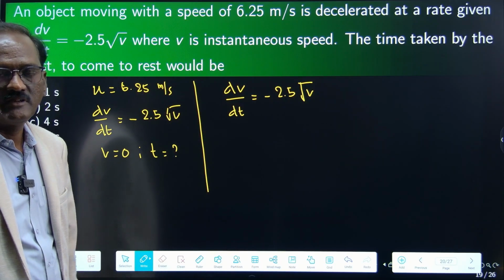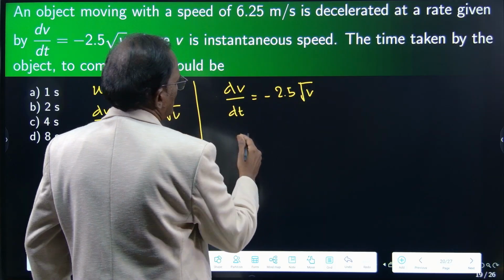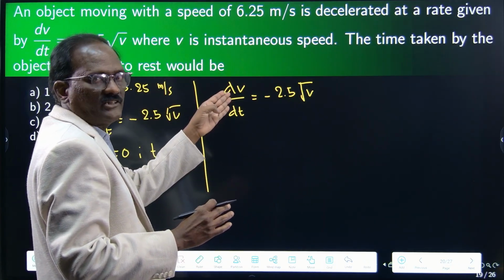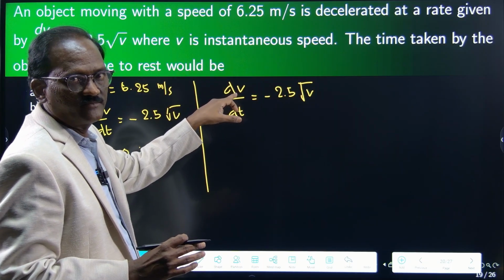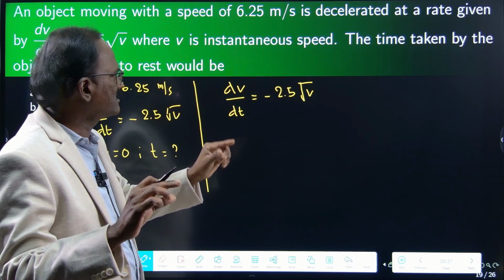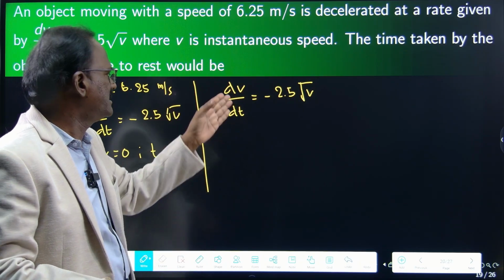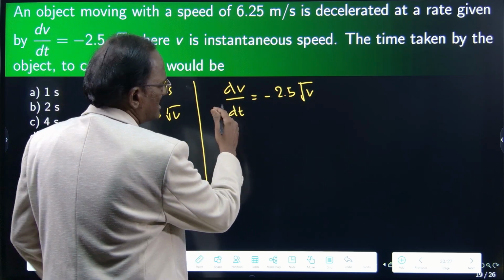Then we will substitute v is equal to 0. If just v is given, we can make either differentiation or integration. But if differentiation is given, how to find v? Integrate it. So before integration, let us separate the variables.